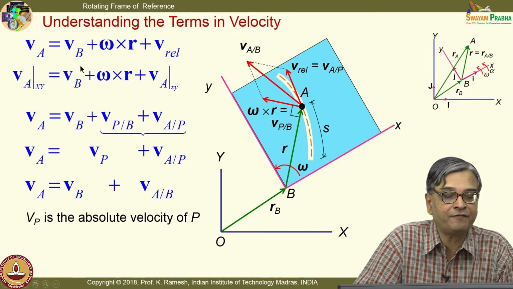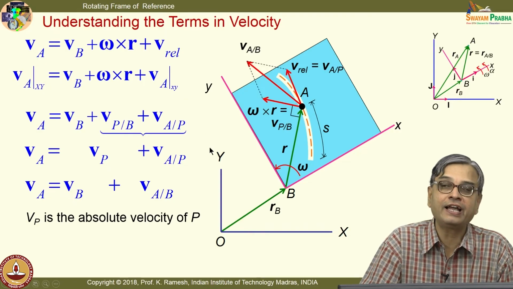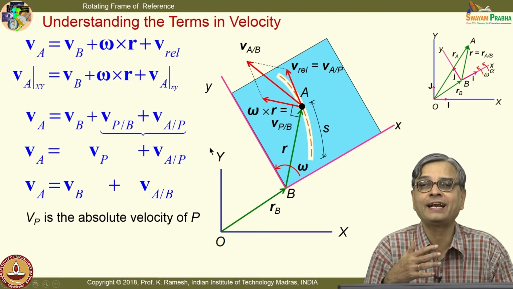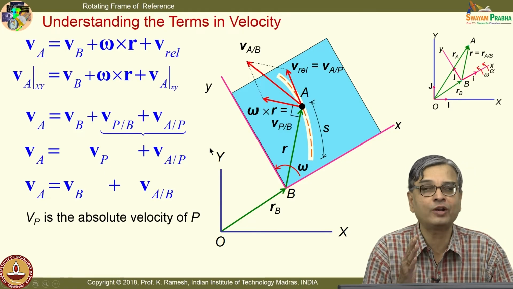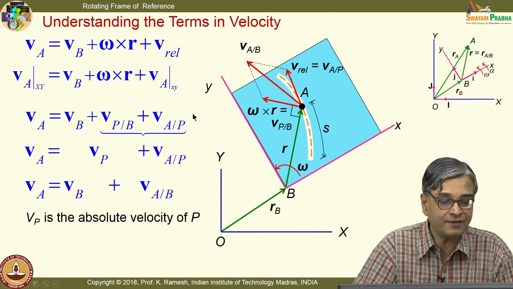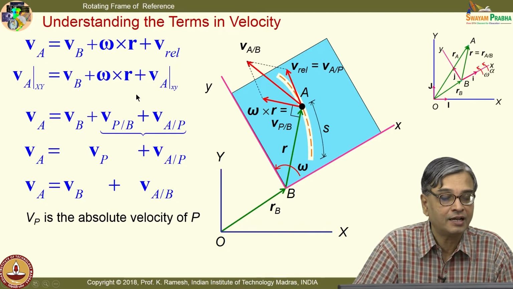I have an expression for velocity here. If I have an expression from a non-rotating translating axis, I would only have Va equal to Vb plus Va with respect to B. And what is that Va with respect to B? It is nothing but omega cross r plus Va xy.